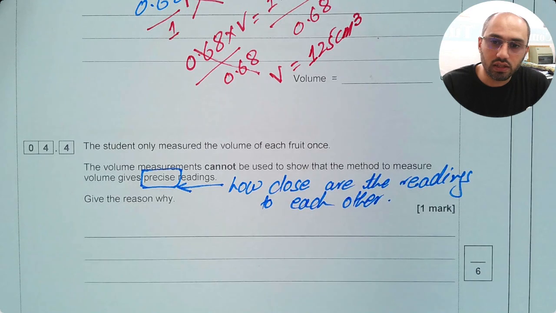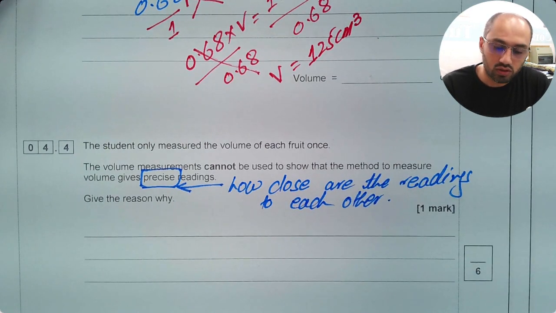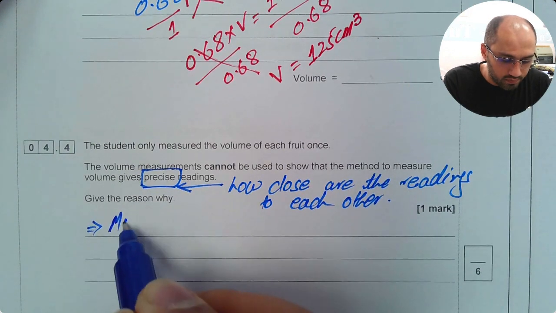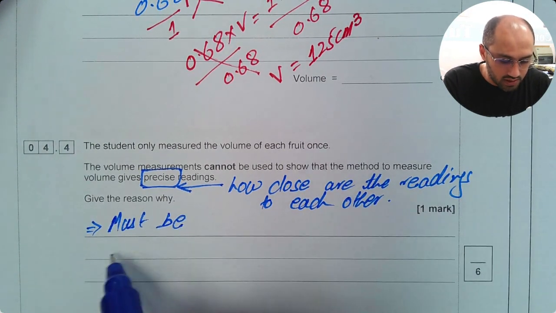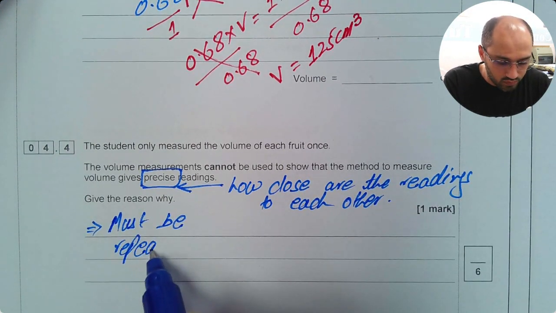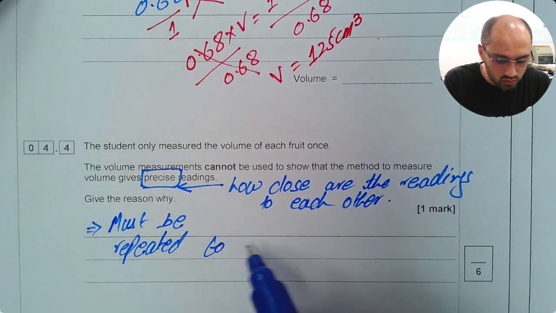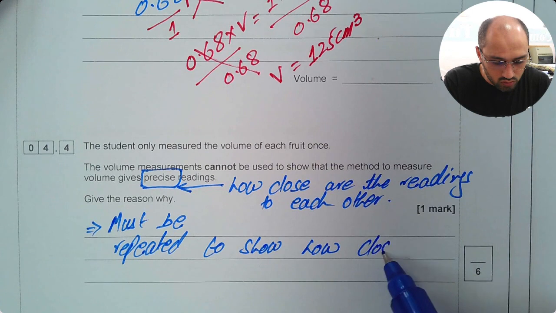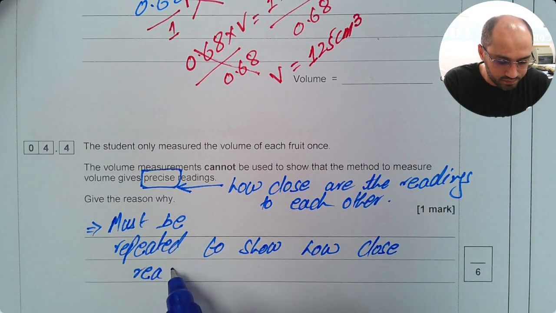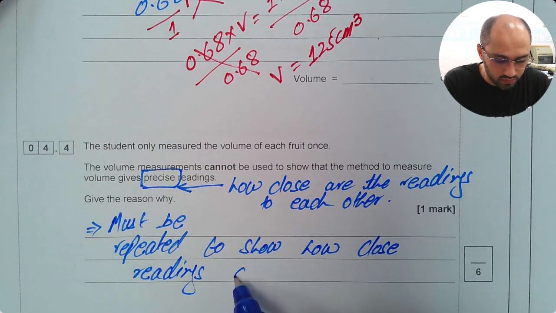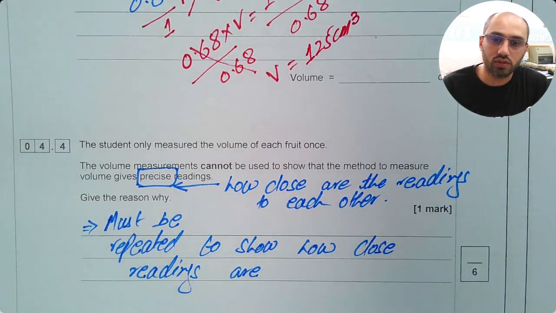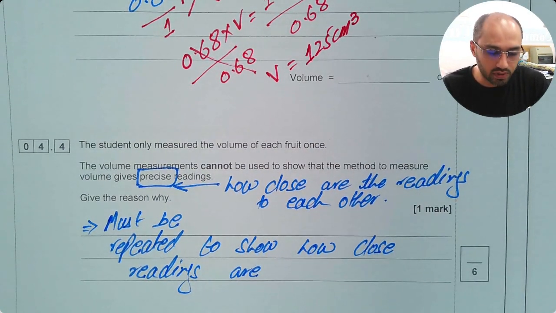Now in this case, they did this experiment only once. So it says why it cannot be shown. So we'll have to say it must be repeated to show how close readings are. So basically you have to identify what the word precise means, and once you've identified this, then the question becomes easier for you.